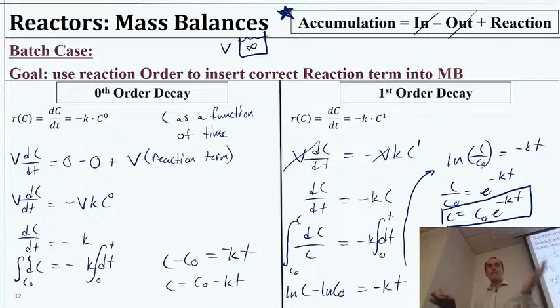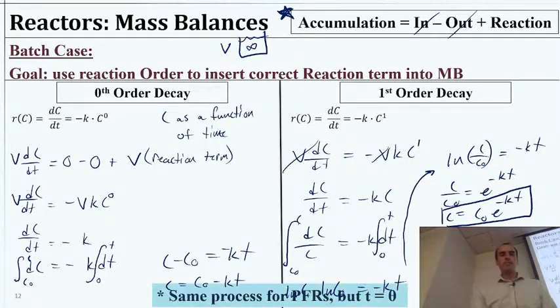All that to say, we can develop this mass balance relationship and then use it for whatever piece of information we need. Sometimes we'll have to do that in order to solve for something else, to apply it. So these mass balance equations are going to be a lot more useful than just solving for C, although that is something we can do.